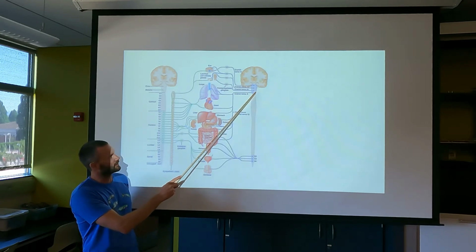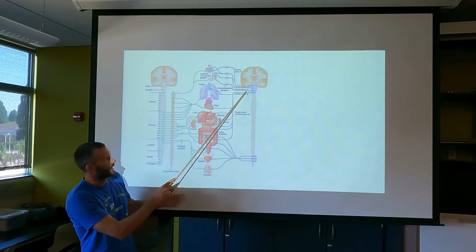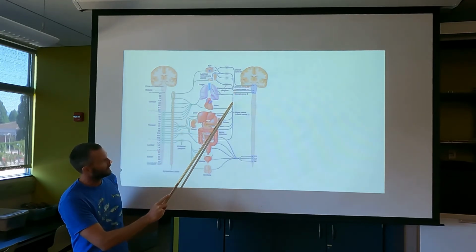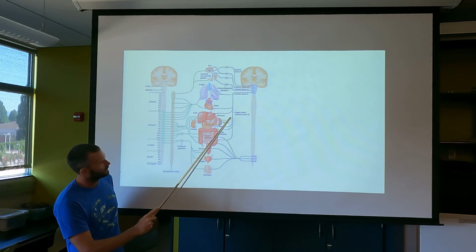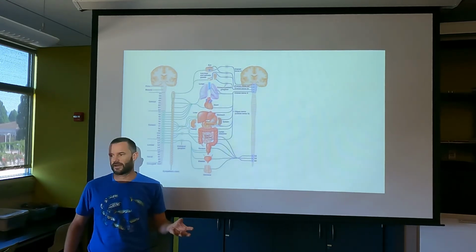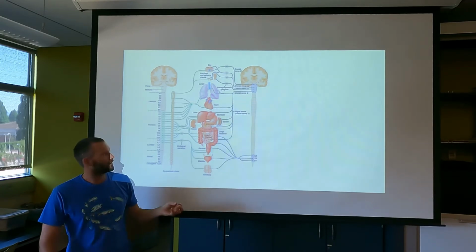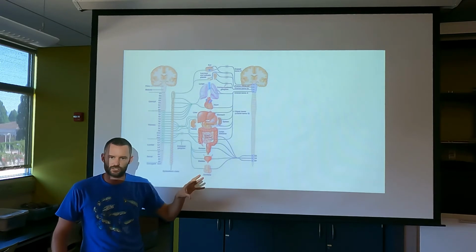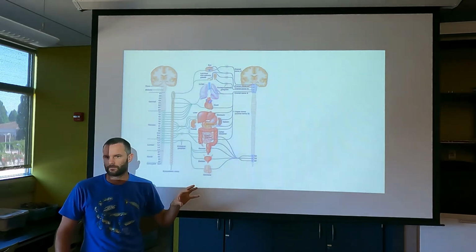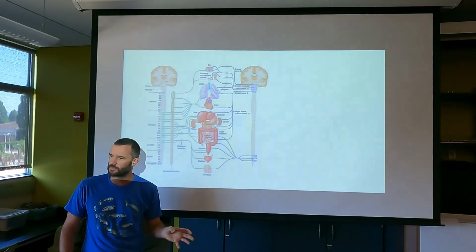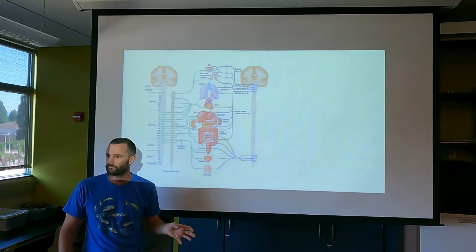And the preganglionic neuron travels out, in this case, through the vagus nerve, the cranial nerve. And that preganglionic neuron, in a lot of cases, reaches the effector organ. And once it's on the effector organ, that's when it synapses with the postganglionic neuron. And then the postganglionic neuron releases its neurotransmitter onto the effector organ.